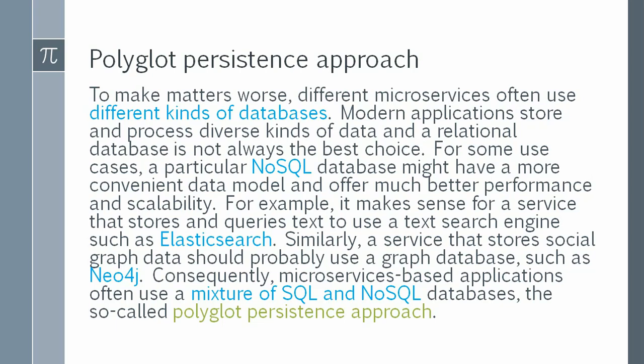And for example, in another microservice, you may have functionalities regarding social networks. In this case, it is suggested that you use Neo4j or other databases that have been inherently designed for social networks.